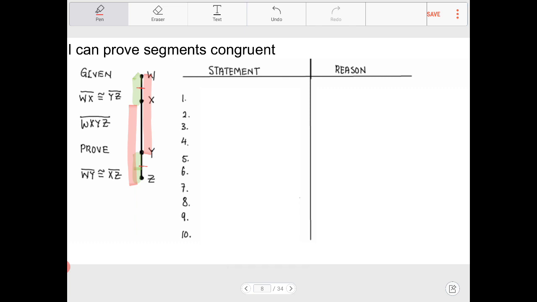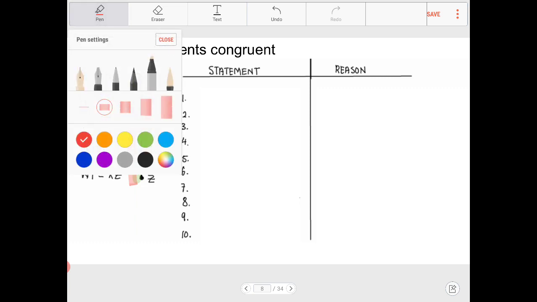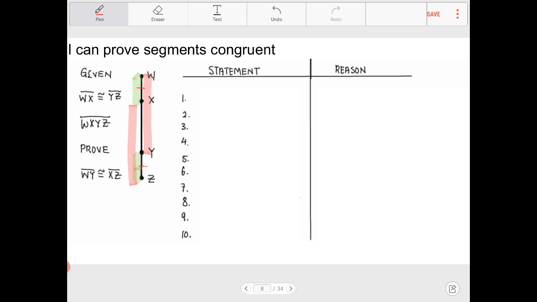You can see, I hope, logically, that these two segments have to be equal, because if I use the pen here and mark up this segment in the middle with two tick marks, you're going to see that WX plus XY has a total of how many tick marks? I see I have two tick marks plus one tick mark, right?